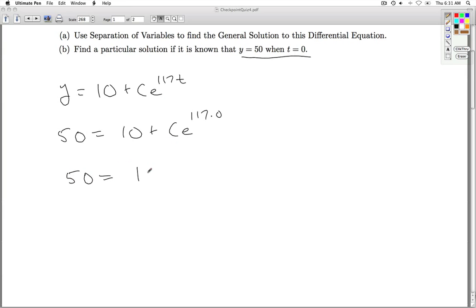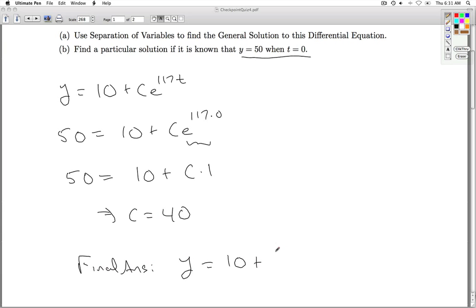So that means 50 is 10 plus c, and e to the 0 is 1. That means that c is going to be 40. So the grand final answer, y equals 10 plus 40 e to the 11/7 t. And that's going to do it then for number 1.